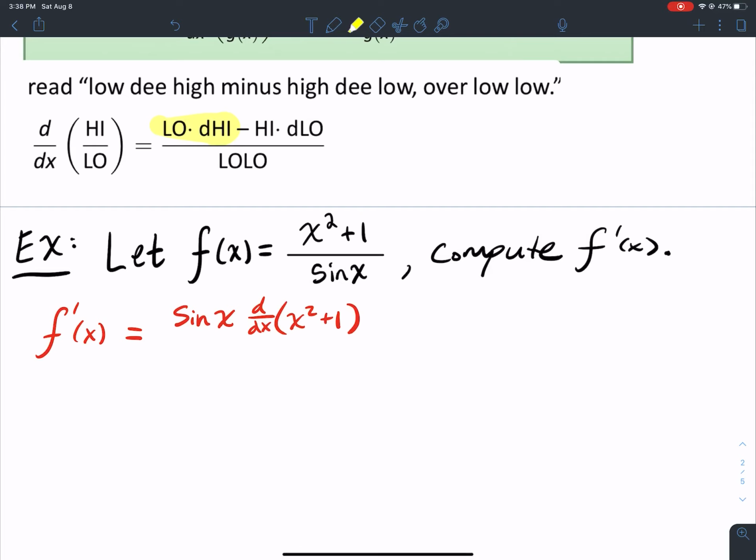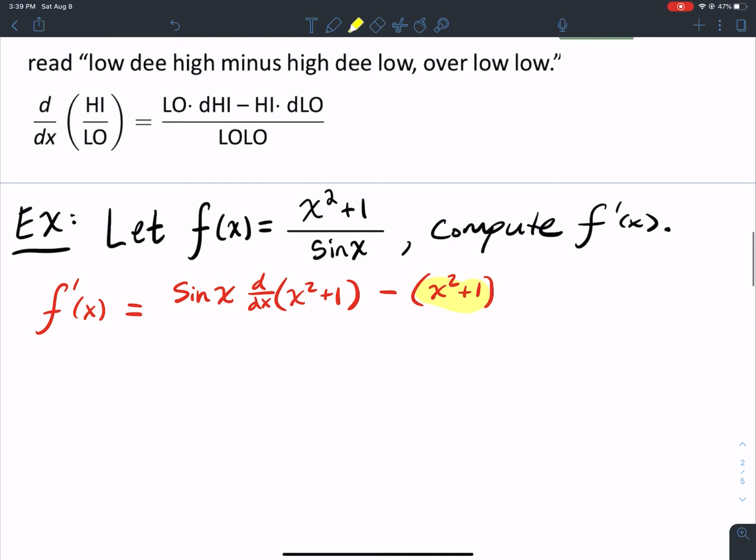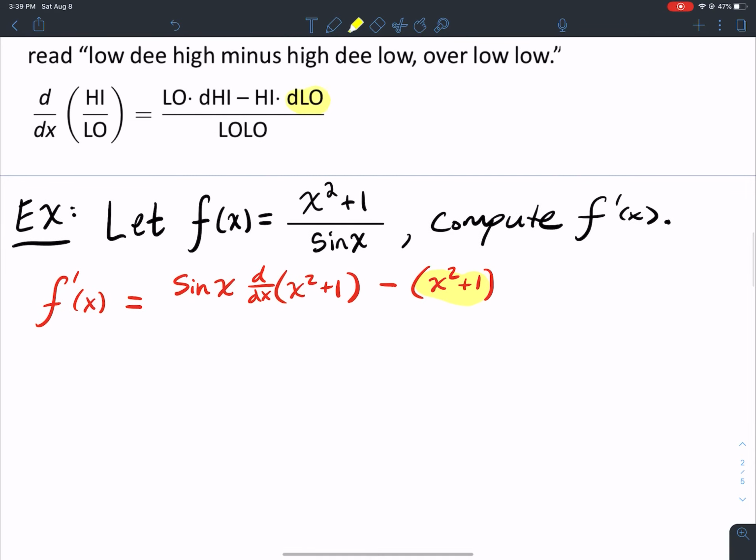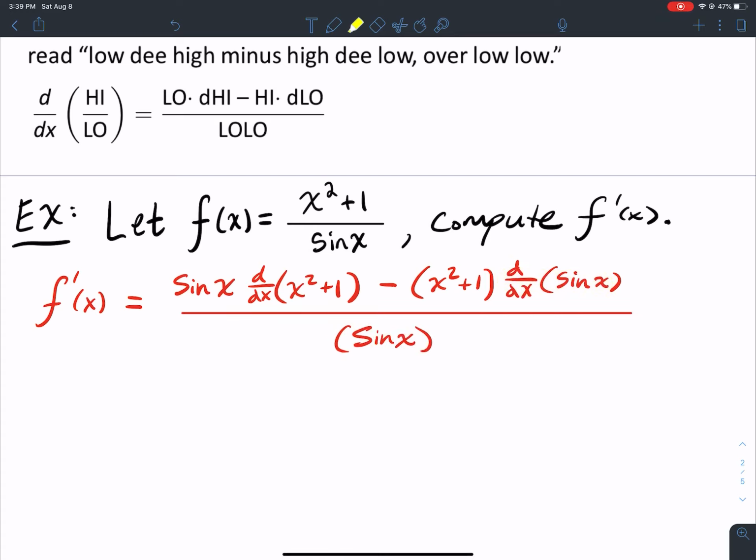Low d high, the d stands for taking the derivative, minus high, x squared plus 1, got to put it in parentheses or you're going to miss it, times d low, the derivative of sine of x, all over low low. So low low is sine times sine, sine squared.